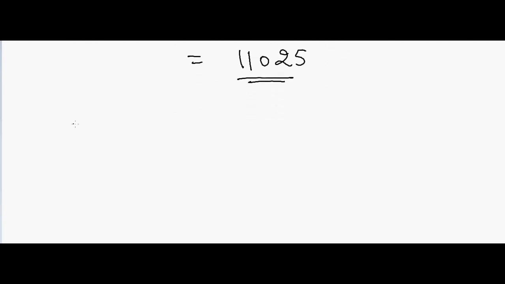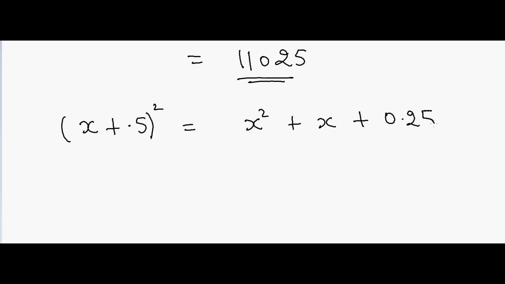That's very easy. Suppose you have a number, let me say x plus 0.5, and we are doing the square of this number, so that will give me x square plus x plus 0.25, right?